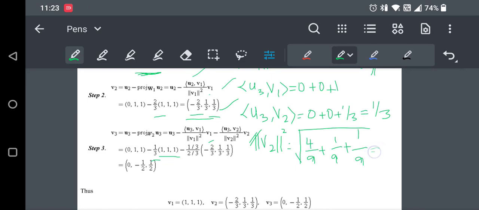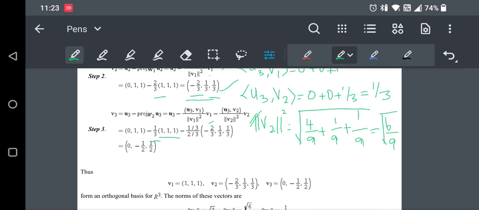So that gives you 6 divided by 9. Sorry, the root won't come because we are taking a square, so the square and root will get cancelled, leaving us the value. When you cancel this with the help of the 3 table, you will be getting 2 divided by 3. So this 3 and this 3 will get cancelled.